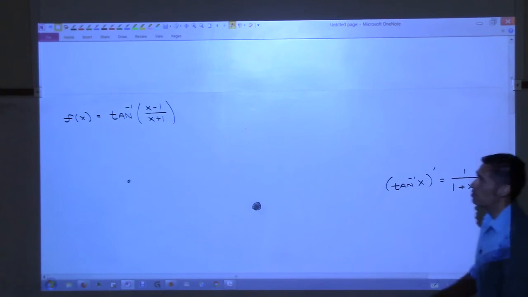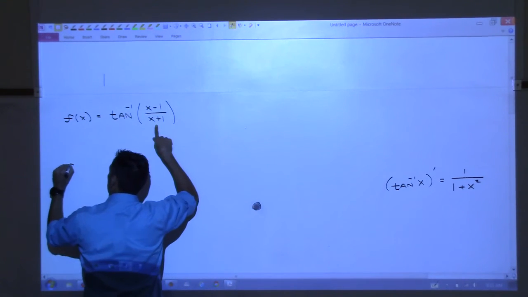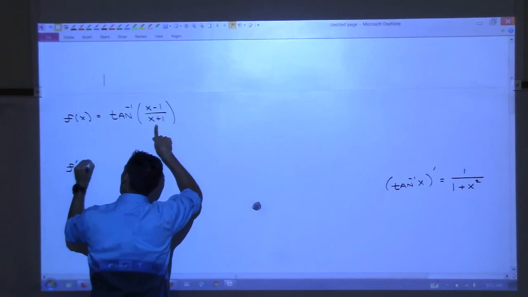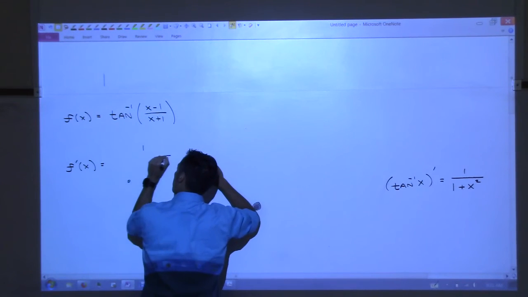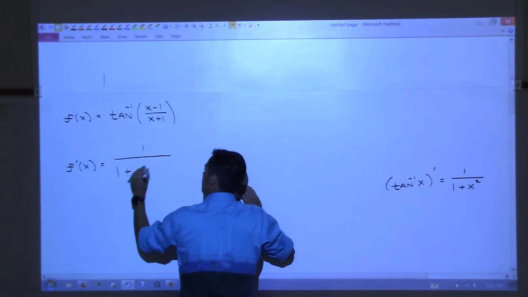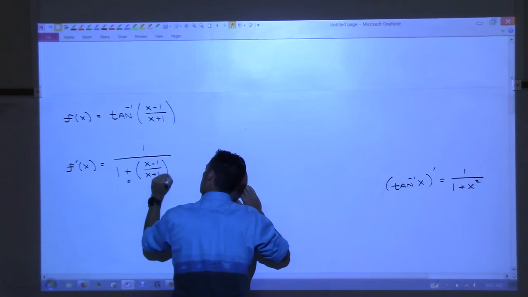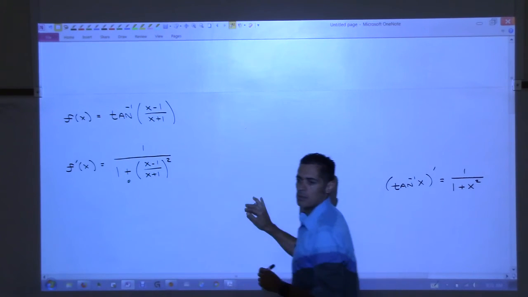So if we wanted the derivative of arctangent of this, it would be 1 over 1 plus all of this squared, agreed?